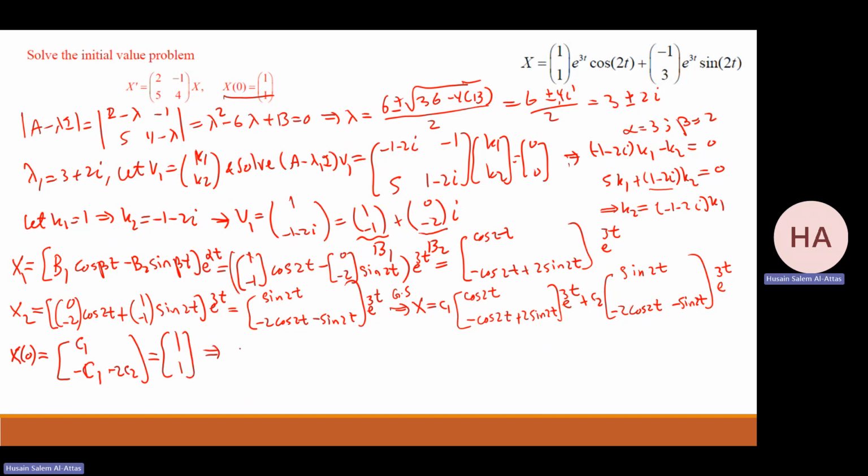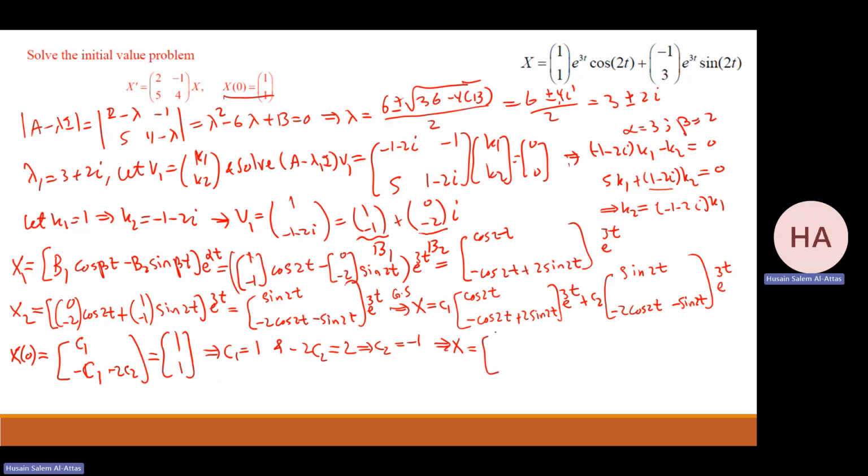So C1 is equal to 1. And what I have? Minus 2 C2 is equal, take C1 to the other side, 1 plus 1, that's equal to 2. So C2 equals minus 1. Okay, so it will be my solution. Now C1 is 1 and C2 is minus 1.